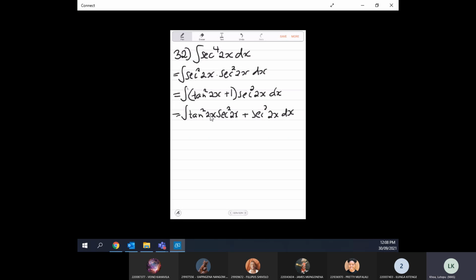So we'll be dividing by 6. So this is tan cubed of 2x divided by 6, and then we have tan of 2x divided by 2, and then you add your constant of integration.